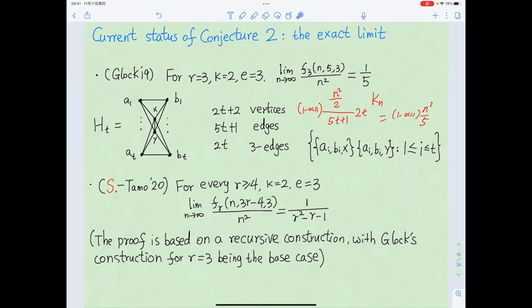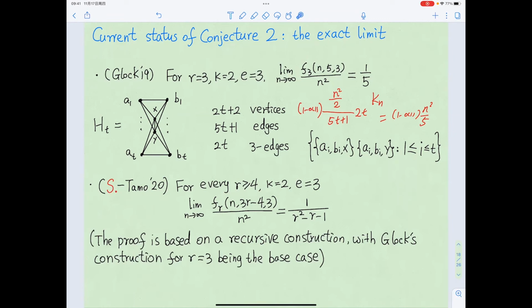If you can prove a matching upper bound, you can determine this limit exactly. And you can show that the 3-graph constructed in this form is actually (5, 3, 3)-free. So we managed to generalize Glock's result from r equals 3 to every uniformity r which is at least 4, and we can also determine the limit of this function.